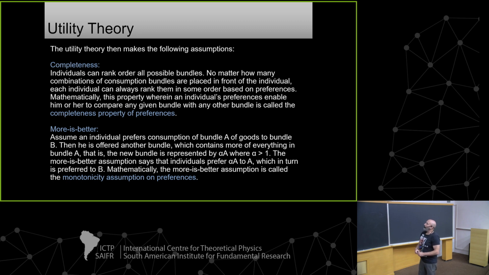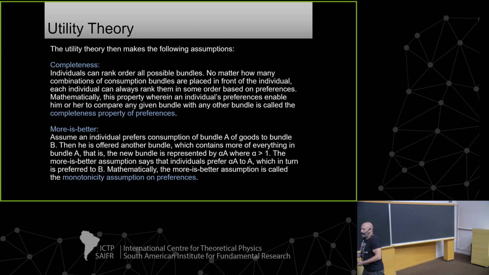Okay? More is better. This assumes that the individual prefers a good. For example, if I prefer A to B, and then I increase the amount of A by alpha multiplied by A, with alpha greater than 1, I will choose alpha times A to A, and also I will choose alpha times A to B. So the idea is more is better.